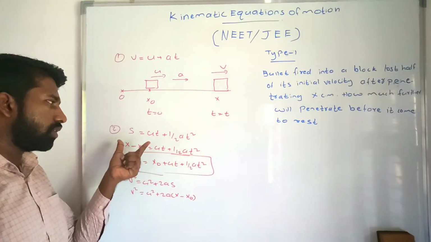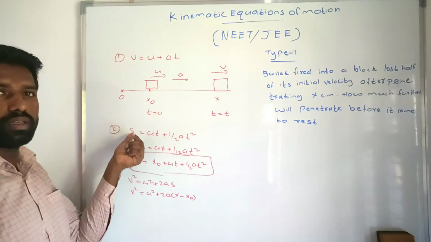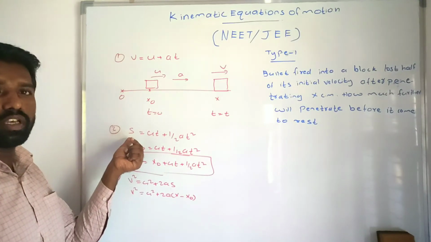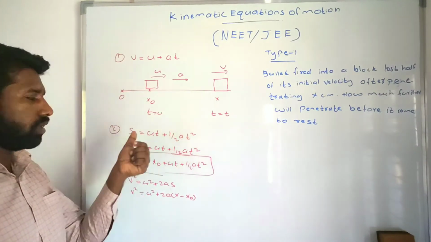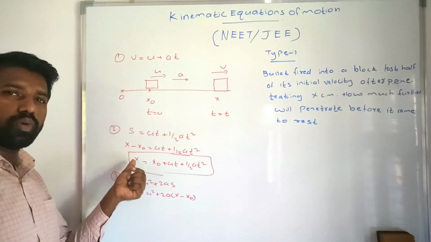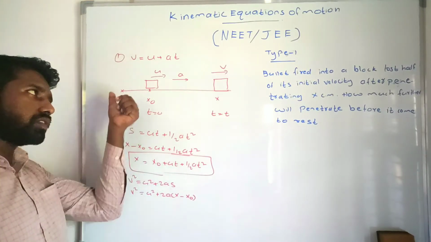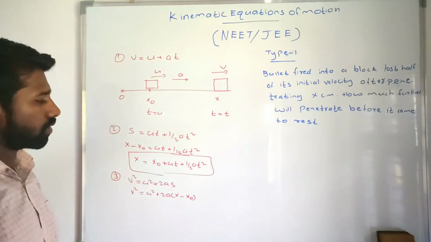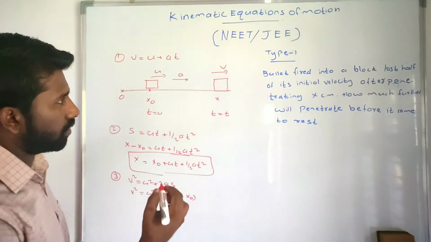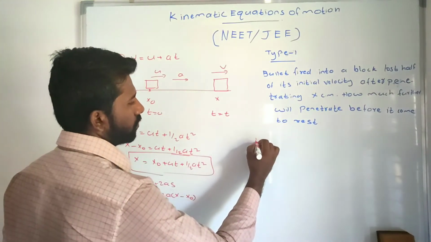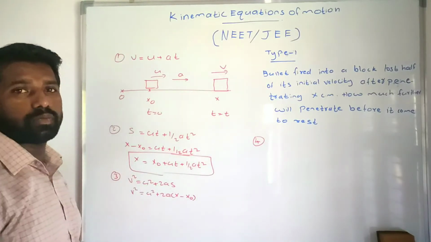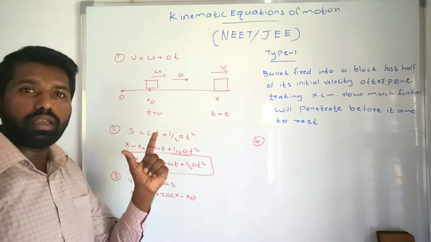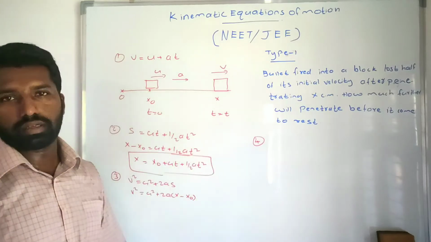Here you have to remember that this displacement is the displacement after time t, and this x is the position of the object after time t. Clear?